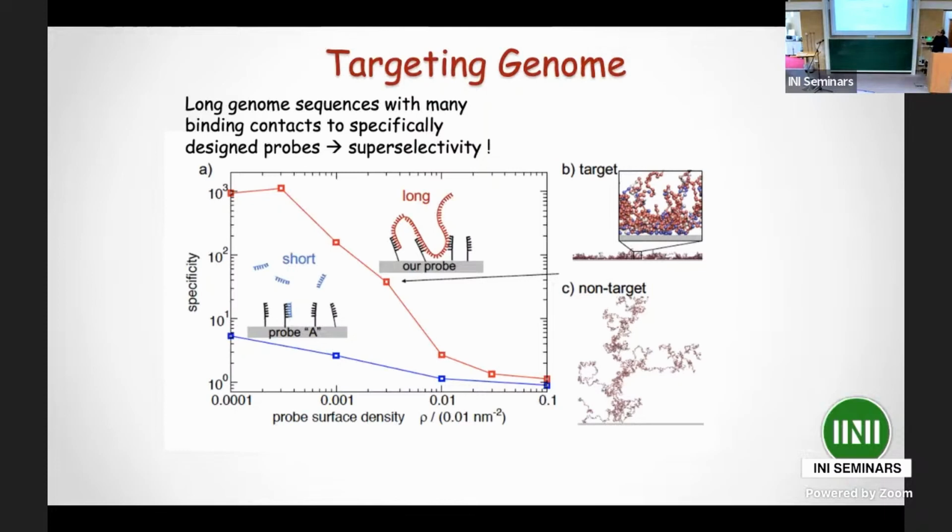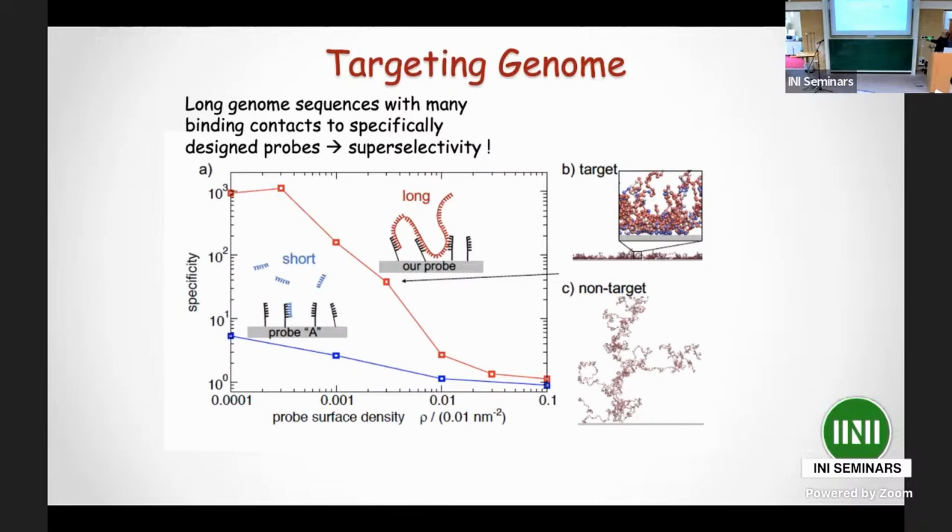If we change the probe surface density, the specificity of our detection changes like this. But then we were sure that we can design a better system. So if instead of short segments you take the whole long DNA, you don't segment it, and you design better probes, we made a whole algorithm of how to design optimal probes for that.